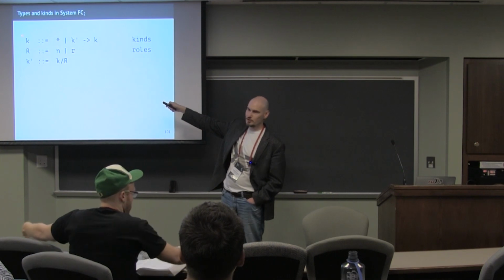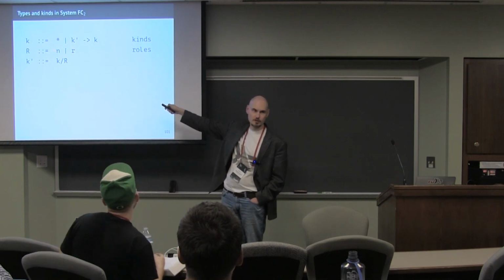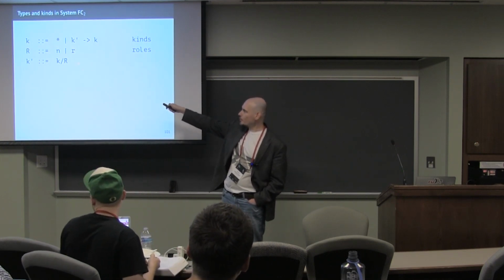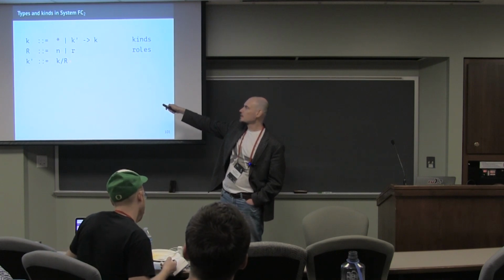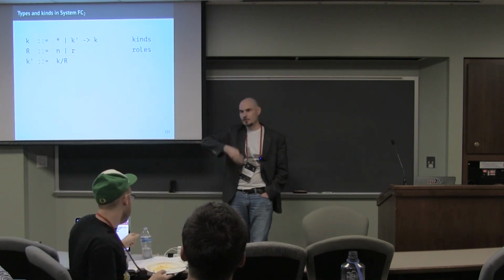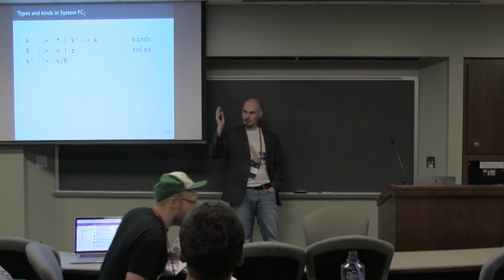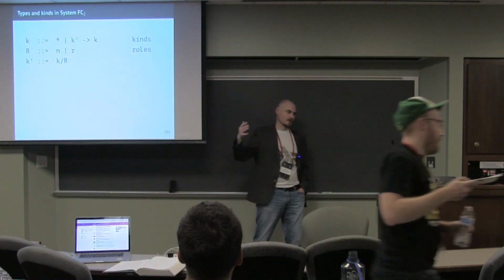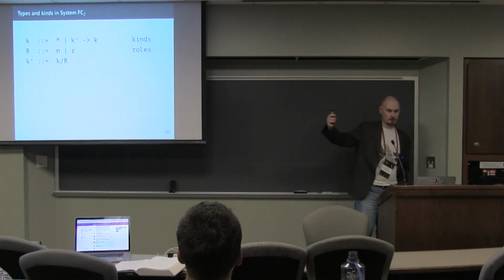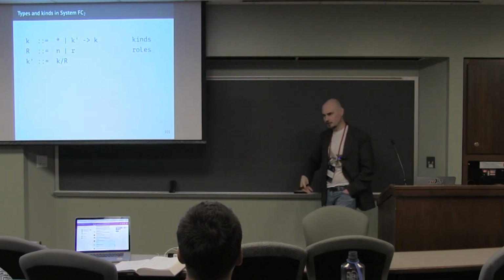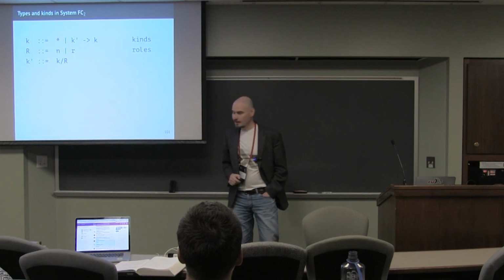This will be nominal role, and this will be representational role. And now we have new sort of kinds which are parameterized with this role. So this will be type with nominal role, and this will be type with representational role. All right.